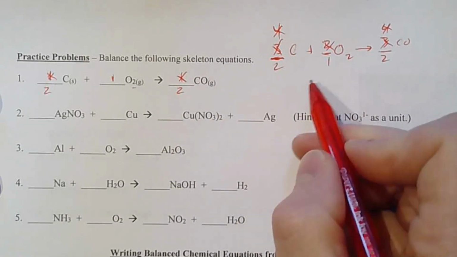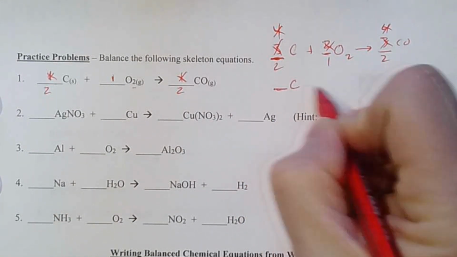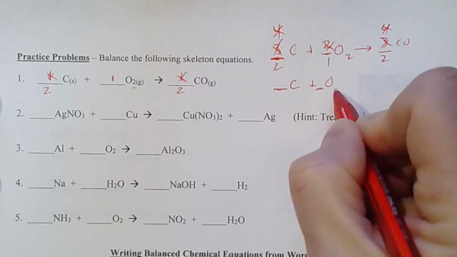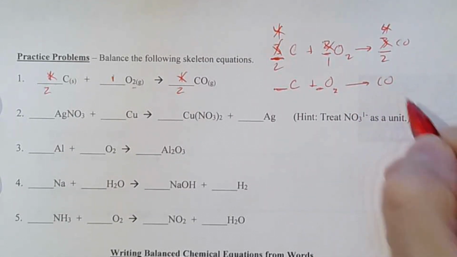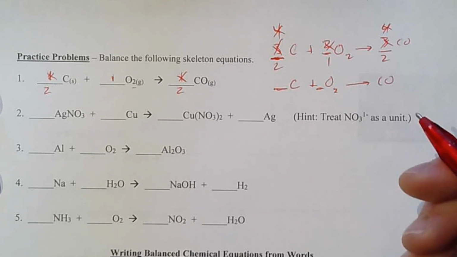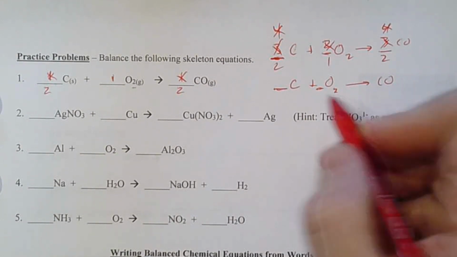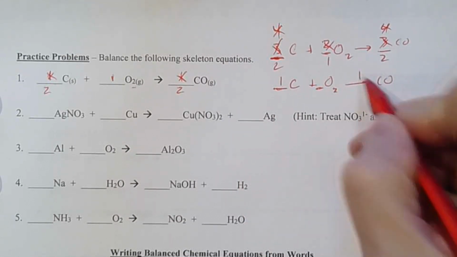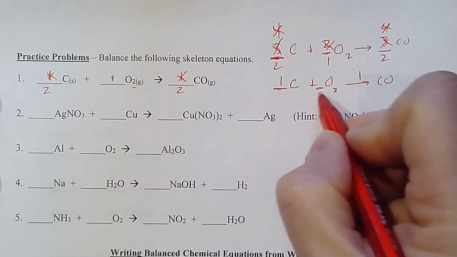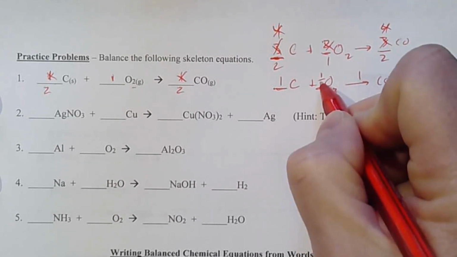For those of you who might be a little stronger in math, if math is more your thing and numbers, algebra and arithmetic come a little bit easier to you, one thing you can also do is, for example, if I put a 1 here and a 1 here, you notice I can't get this to balance with a whole number. This coefficient would have to be basically a 1/2.